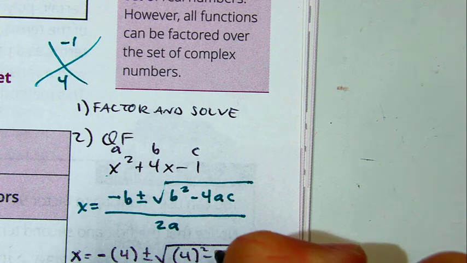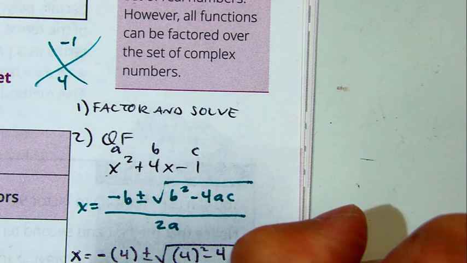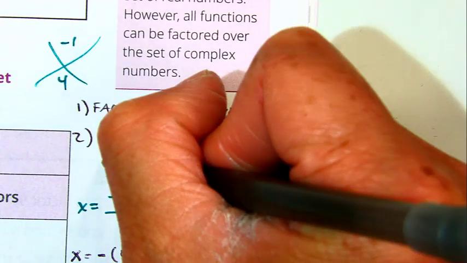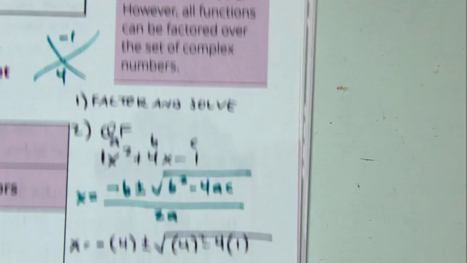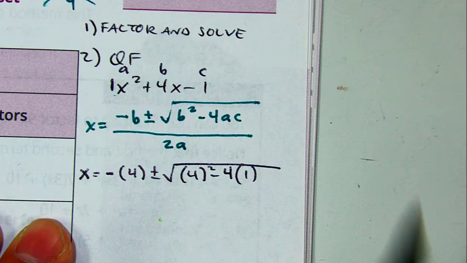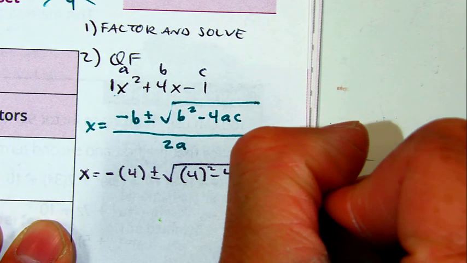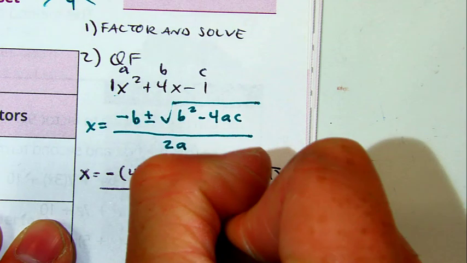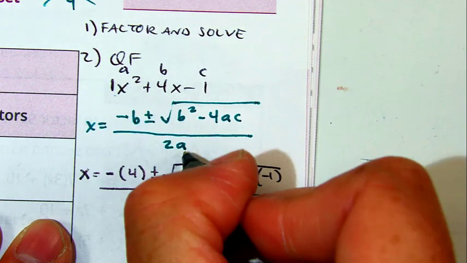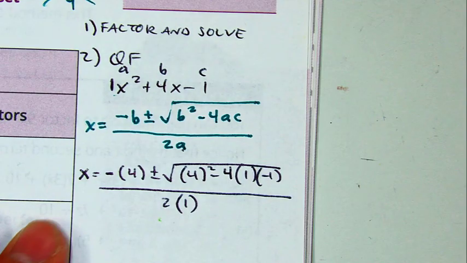Cynthia, your A value? Remember, there's a number in front. The A's, B's, and C's are just coefficients or numbers. They never are variables. And Cynthia, your C value? And your A value? 1. So A is 1. Thank you.